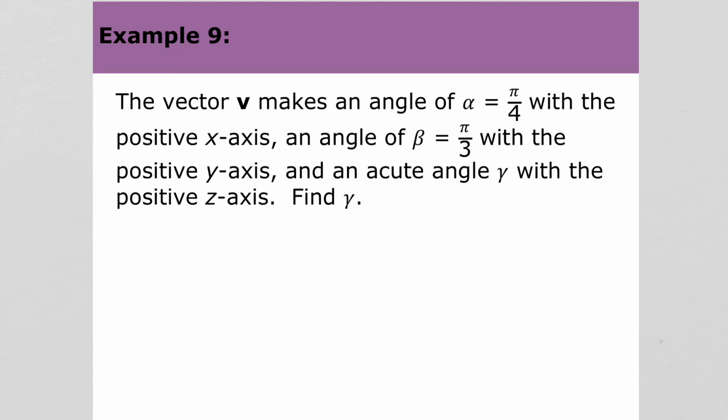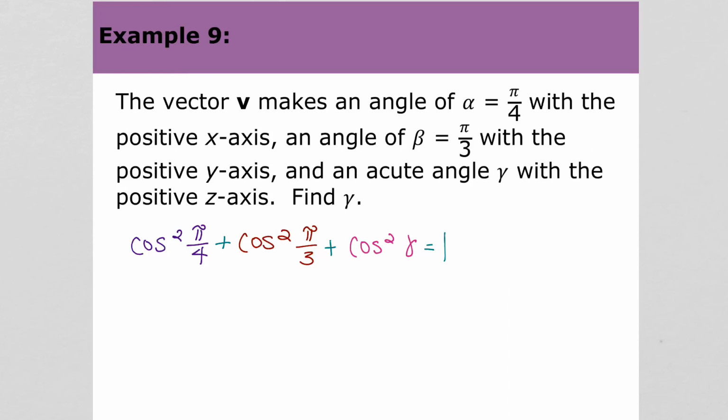So if we use this formula that we just had, cosine squared of alpha, which is pi over 4, plus cosine squared of beta, which is pi over 3, plus cosine squared of lambda will equal 1. So we can plug in.